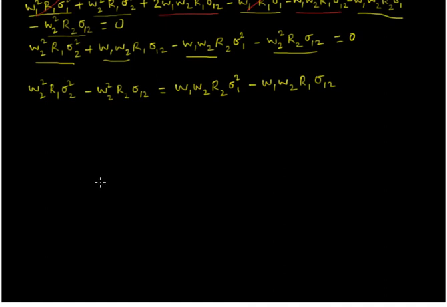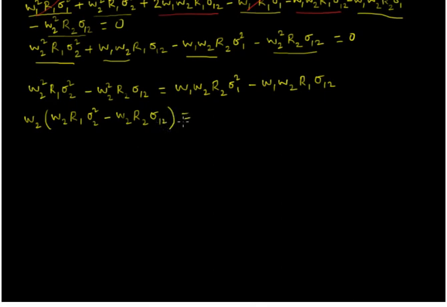Let us now see what else can be done. Let us take W2 common from both sides. So what we have inside the bracket now is W2 times R1 times variance of 2 minus W2 times R2 times covariance between 1 and 2.